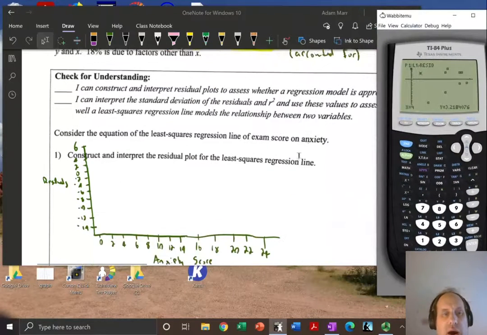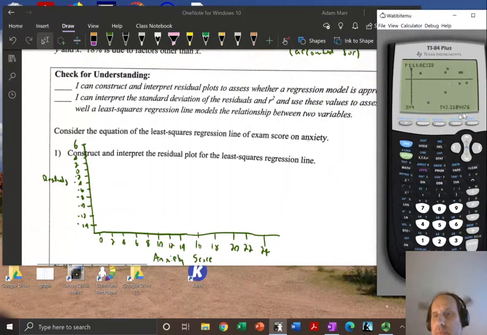Remember how I got to this part. We went to stat, edit. This was in the previous video. All the information is in L1 and L2. Next, to graph this, press second, stat plot, and press enter. Go to the scatter plot, press enter. The X list is L1.